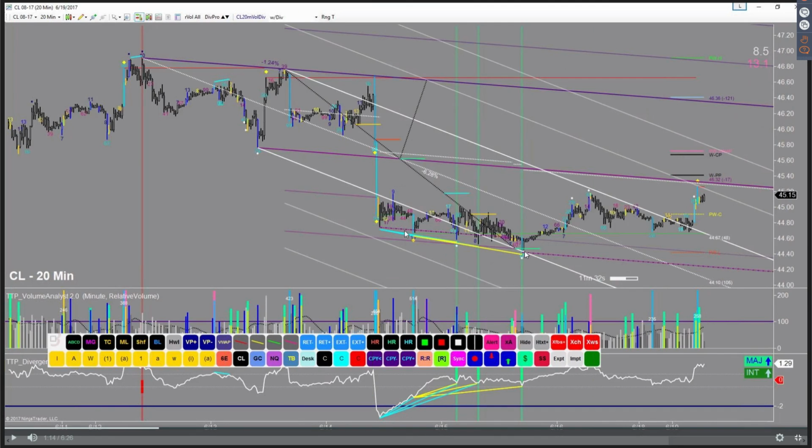This low right here is exactly 2 times the length of this move from high to low. That's what I mean. The market moves in geometric patterns. It just does. You have the warning line here, the 100% warning line of the channel intersecting that lower median line right with that volume divergence signal, putting in the end of that swing.